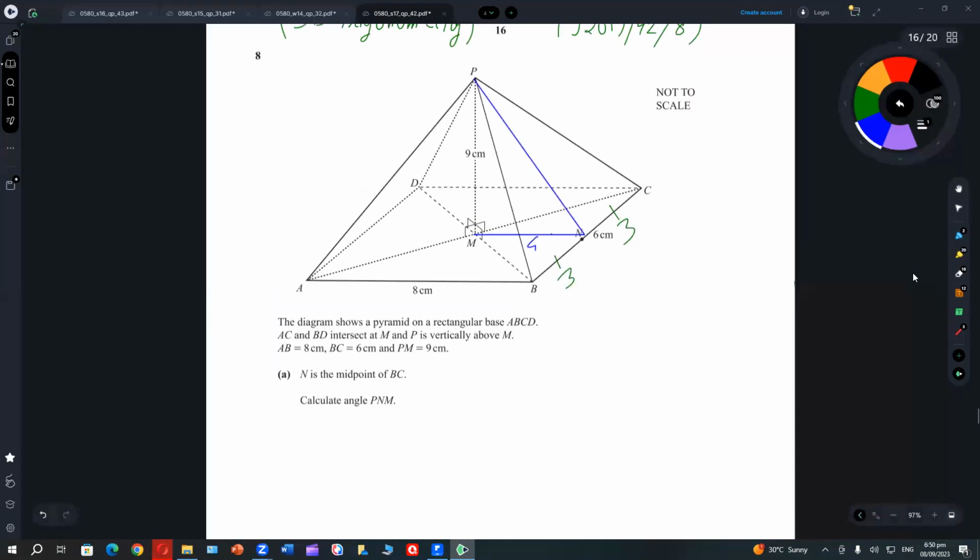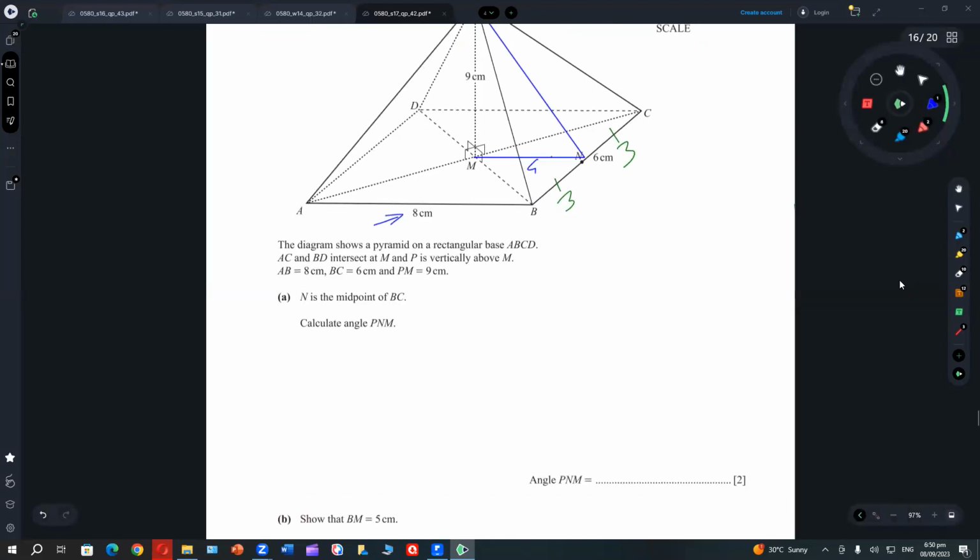Sir, how is it going to be 4? Because this is 8. And M is the center of the pyramid. So I have made sufficient working here as a procedure which I follow. I will be making a dedicated triangle for more convincing to the examiner.